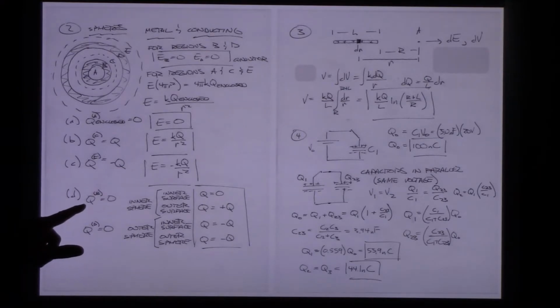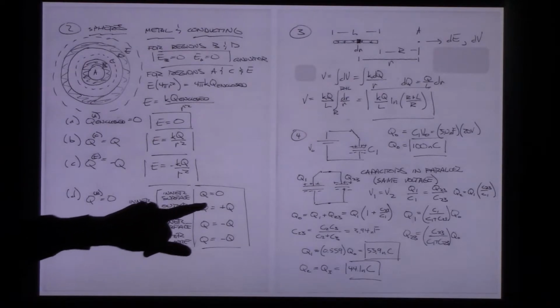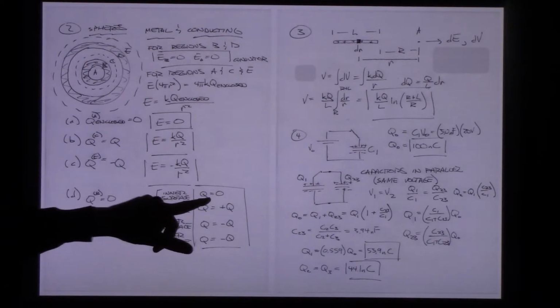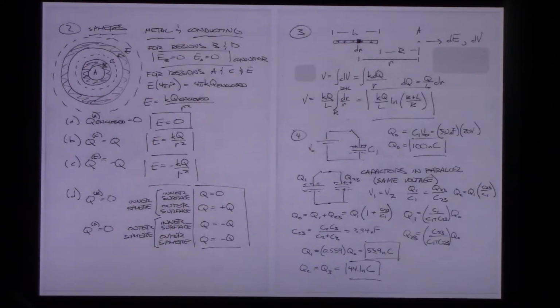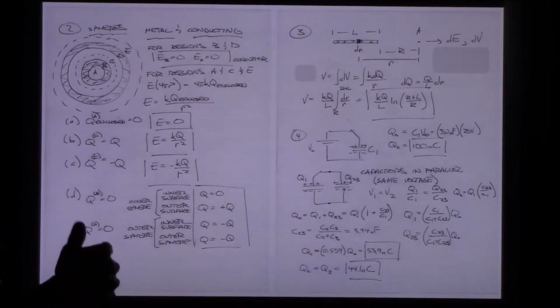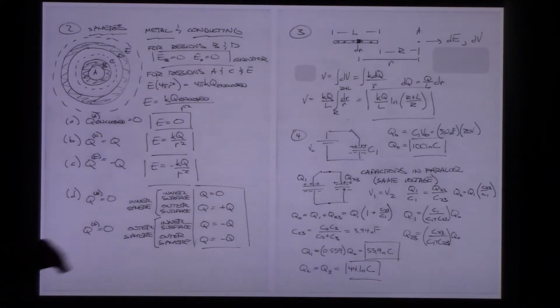So what we have to make sure is that within region B, there is not going to be any enclosed charge. And the only way we can make sure of that is to make sure none of the charge is on the inner surface. So Gauss's law is being used kind of in reverse to tell us that there will be no charge on the inner surface.